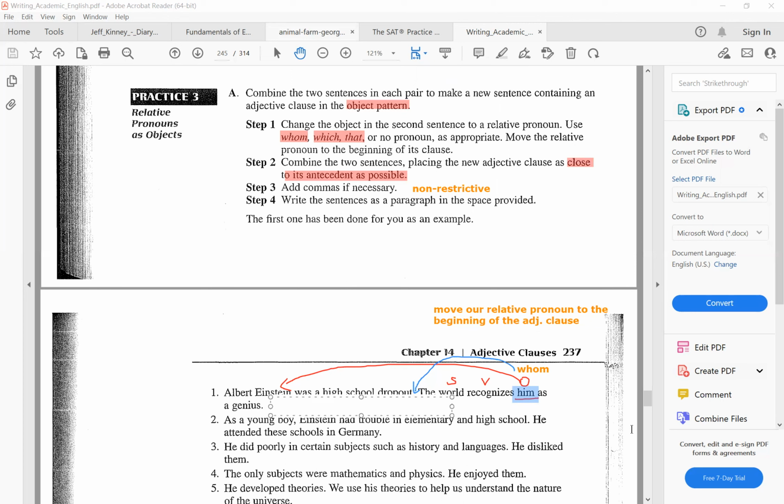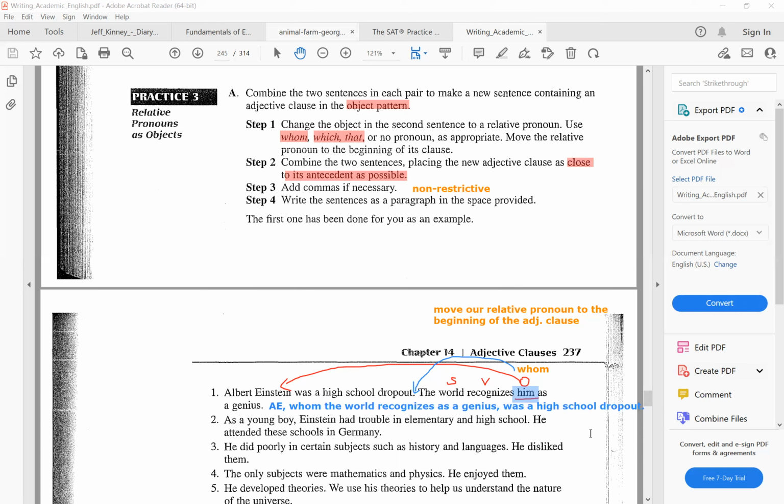So I'm going to type A-E because it's too long. Albert Einstein, and this is a proper noun. Everybody knows who he is. So this is non-restrictive. Whom the world recognizes as a genius, comma, was a high school dropout. And voila, that is our sentence with a non-essential adjective clause.